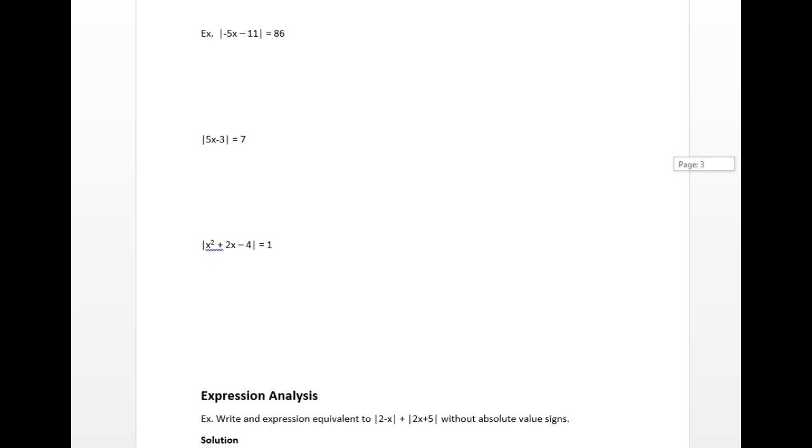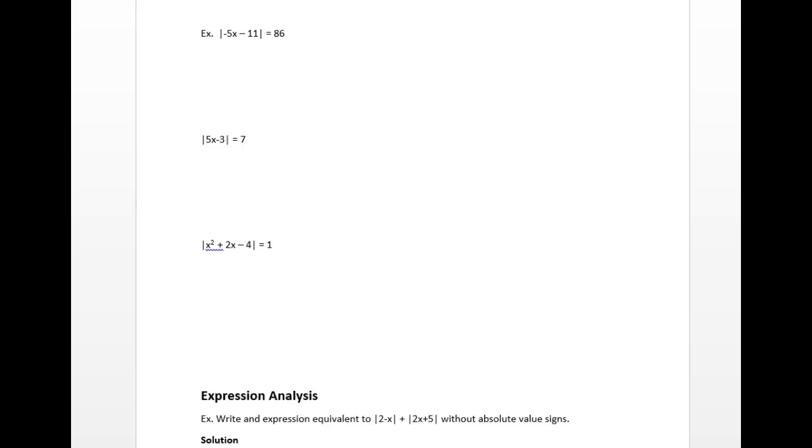We'll move farther down. And these ones are solving equations with absolute value. Okay, so it works the same way as when we split them up in those brackets before. We look at a positive version and we look at a negative version. So you're always going to be solving it in two ways in this equation.